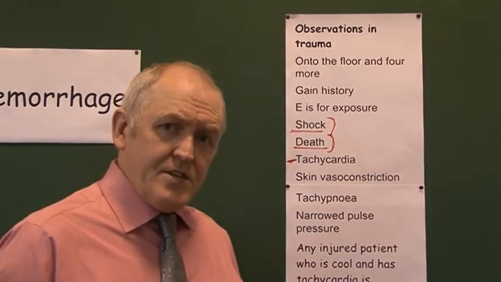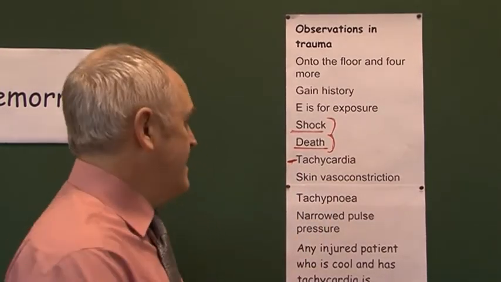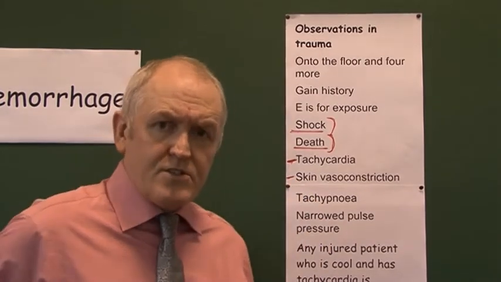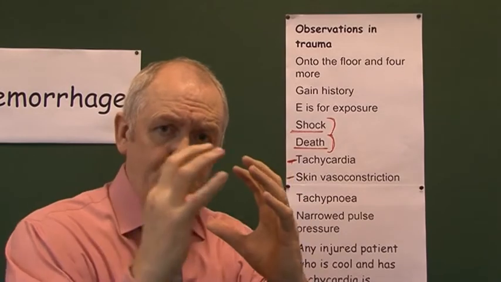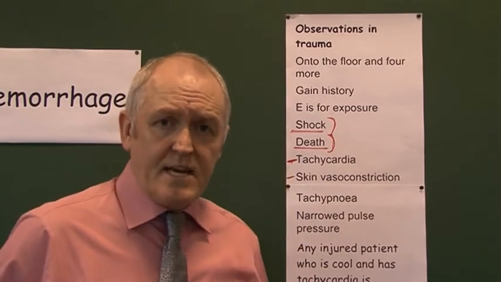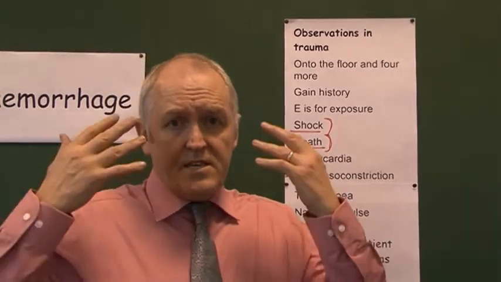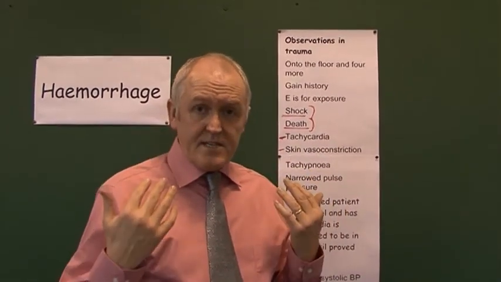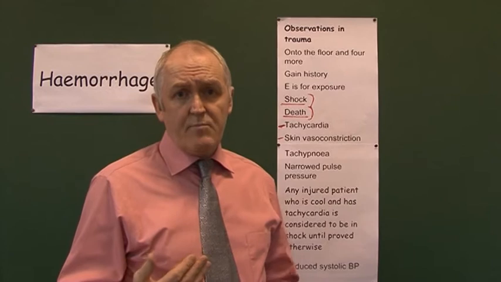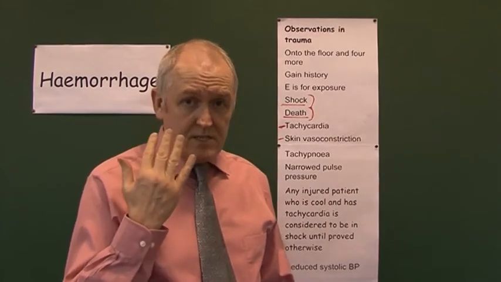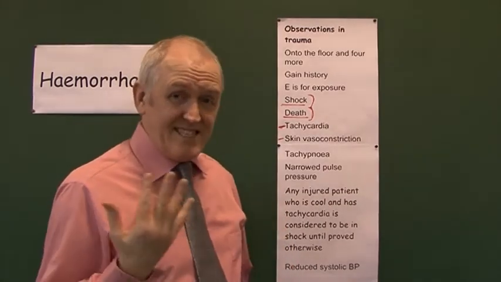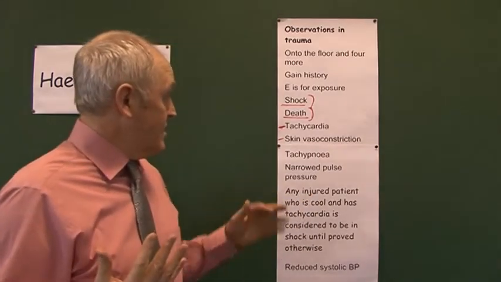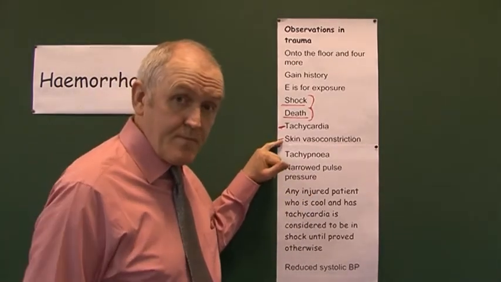And roughly about the same time, you can get a skin vasoconstriction. So the peripheral blood vessels are going to vasoconstrict in order to try and maintain the blood pressure. And we see this as pallor, paleness. It can affect the skin surface, and in darker skinned people, look at the mucous membranes, particularly the lips, and see if they look hypoperfused, if there's a peripheral vasoconstriction.